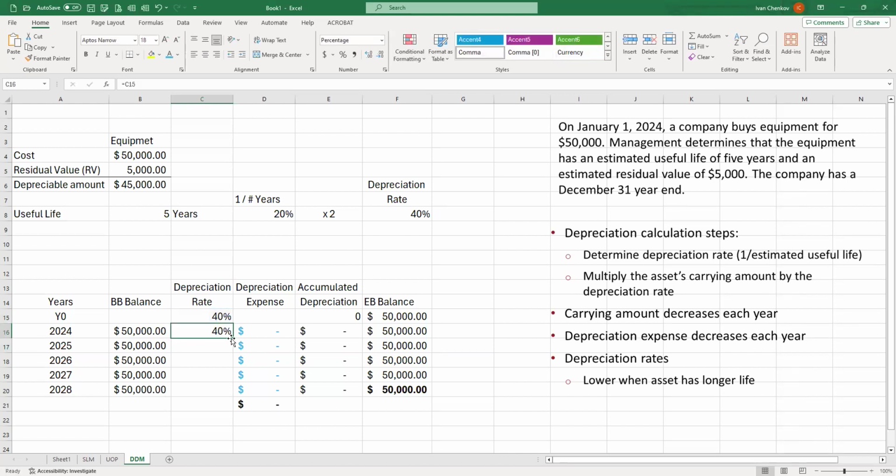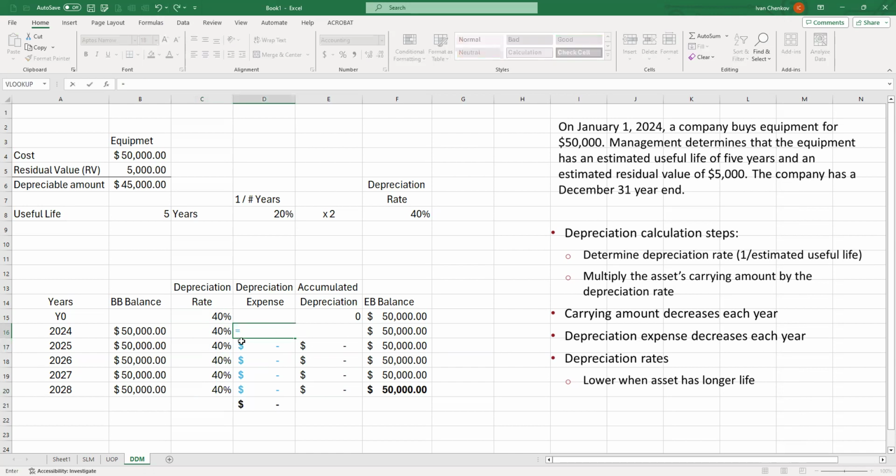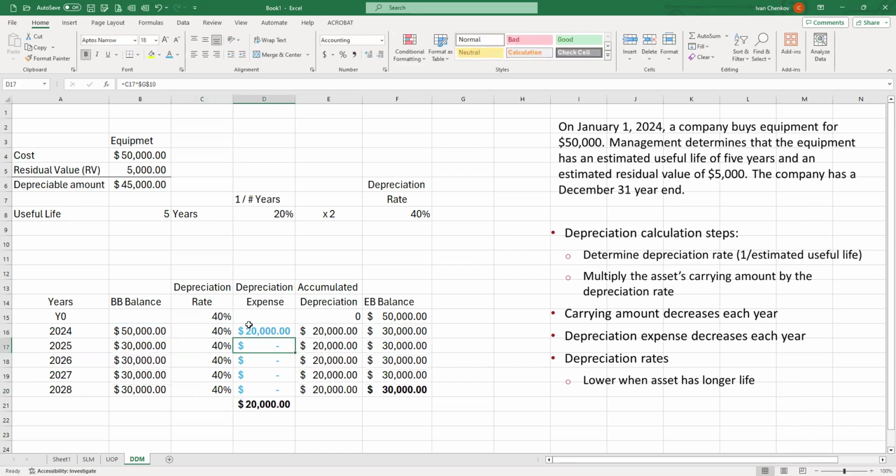And then the depreciation expense will be this amount times that amount, and we don't have to lock the cell, 20,000 first year. So the 20,000 depreciation expense is going to bring the balance to 30,000. To the 30,000, we're going to apply 40% again. That will be 12,000. That's going to bring our balance to 18,000.